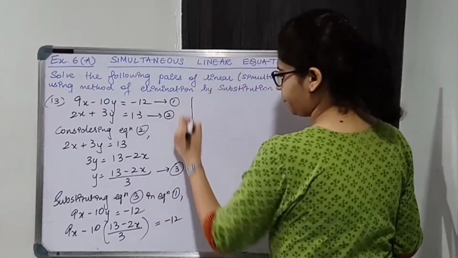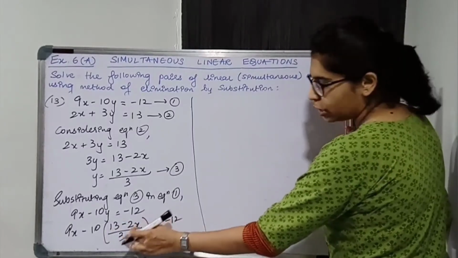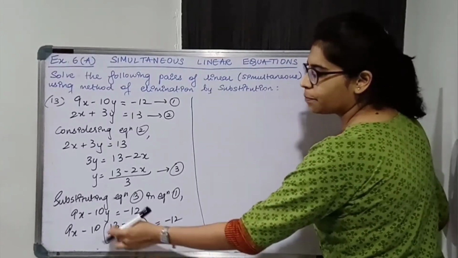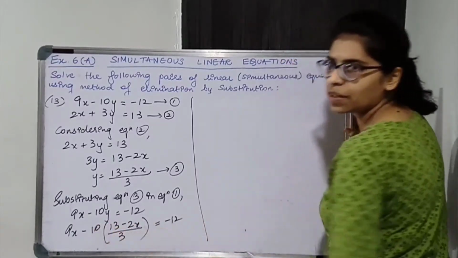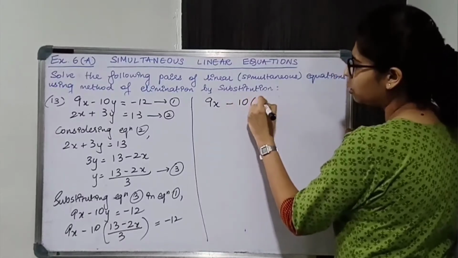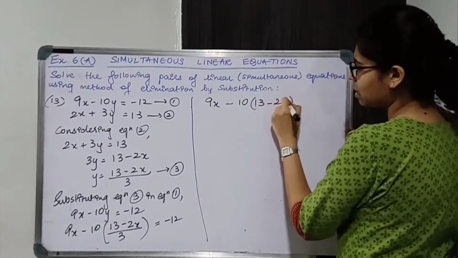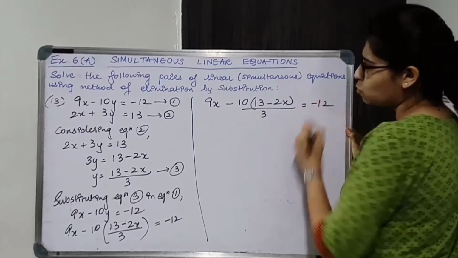All right, now 10 सिर्फ न्यूमरेटर में ही मल्टीप्लाई होगा, डिनोमिनेटर के साथ नहीं मल्टीप्लाई होता है. So I can write it as 10 into 13 minus 2x, the whole thing divided by 3. So हो जाएगा 9x minus 10 into 13 minus 2x, the whole divided by 3 is equal to minus 12.